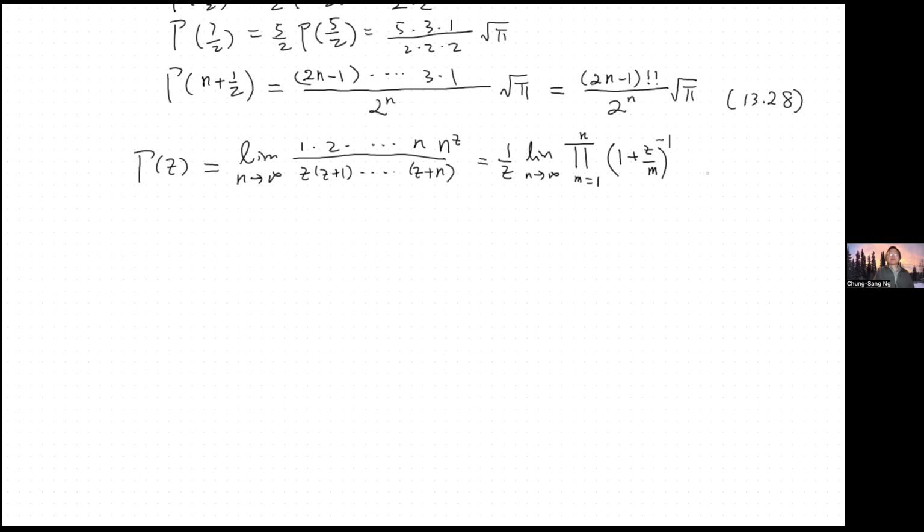Okay, and then we need to keep this n to the z. But obviously we need to find some way to make it like a product.